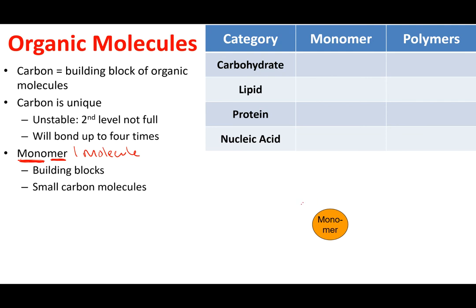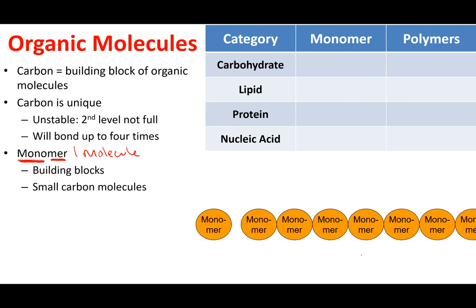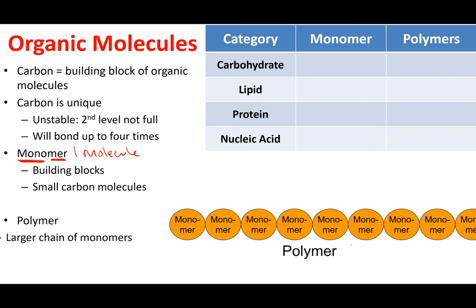So here is one monomer, right? You put lots of monomers together, and that creates a polymer. Polymers are larger chains of monomers. Poly means many, right? So a polymer is many molecules.